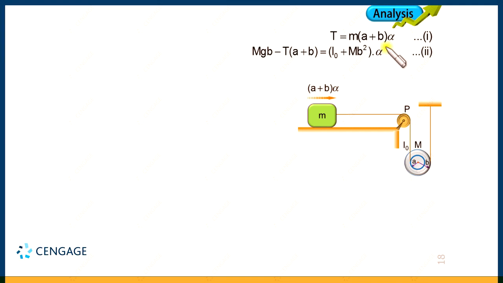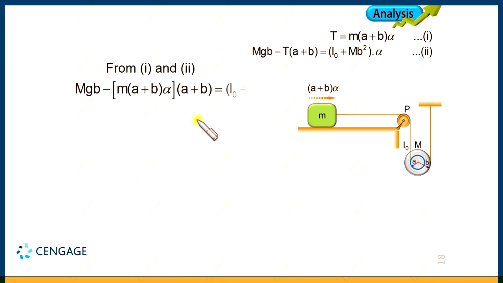Now we can substitute the value of capital T from equation number 1 into equation number 2. This equation will become like this. You can observe here we can find the value of alpha from this equation.